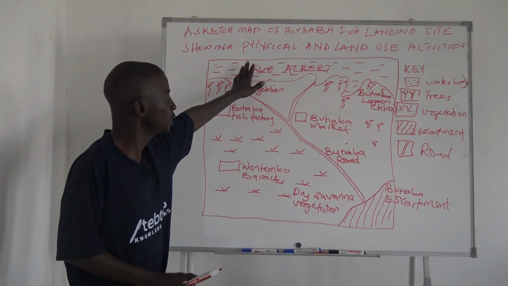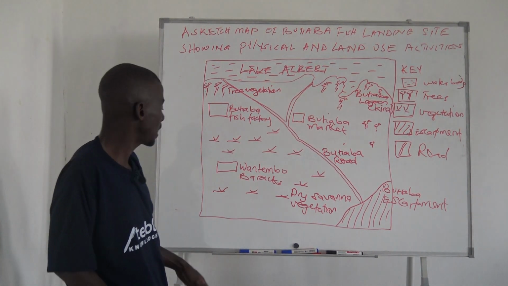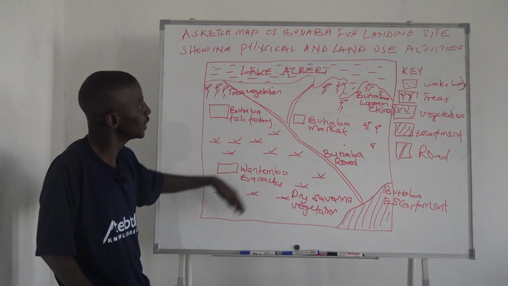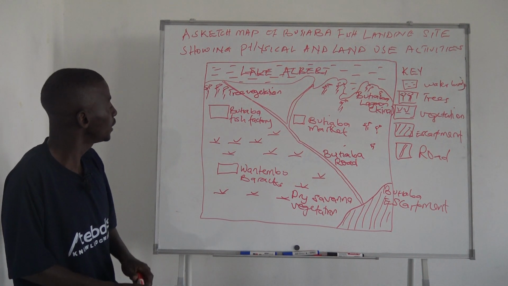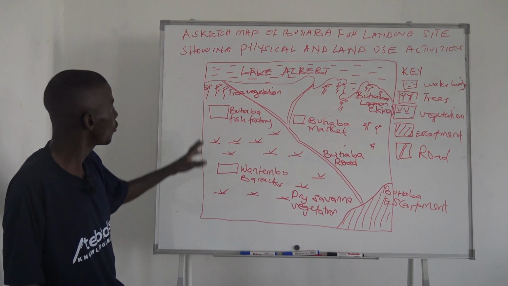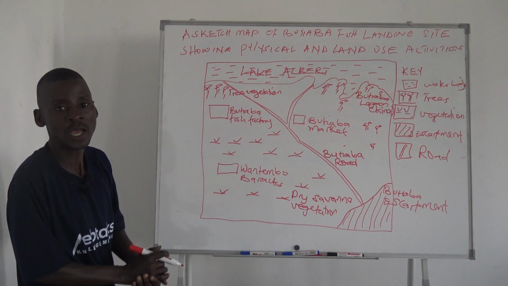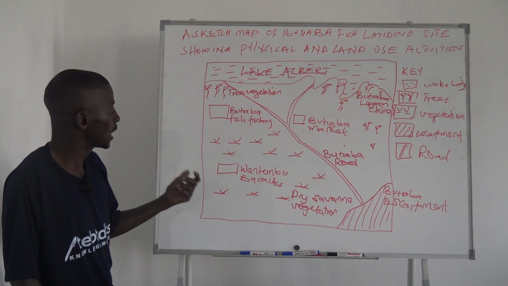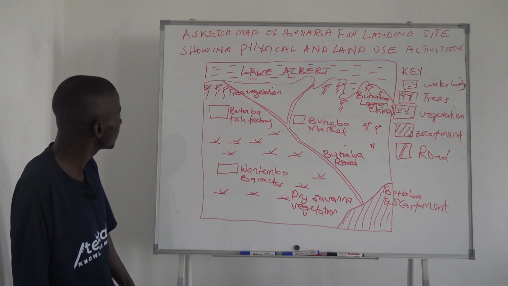No matter where you put your lake, sometimes the lake is put at this side, the escarpment the other side, but others put the escarpment this side, then the other side it's where the water body is. What matters very much is, do I have the 3 physical features? Yes. Do I have the 3 land use activities? Yes. My land use activities are what?